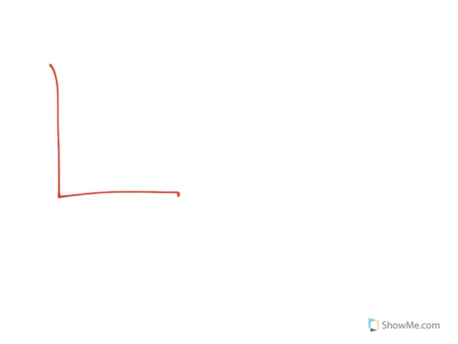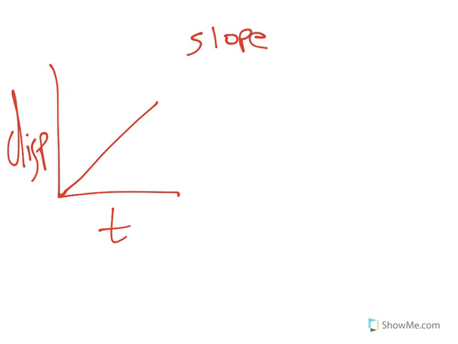All right, if we have a displacement and time graph here, then if we have a straight line, that slope is the instantaneous velocity of any point on it.